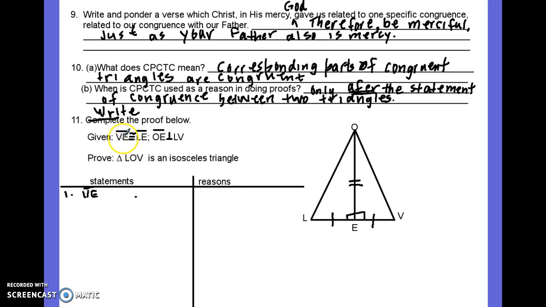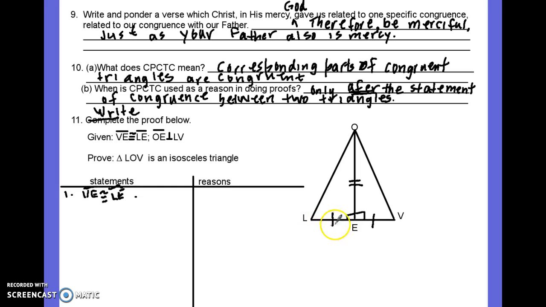Segment VE is congruent to, not perpendicular to, but congruent to segment LE. Okay? What I want to do now is make the statements in the footprints of the marks.